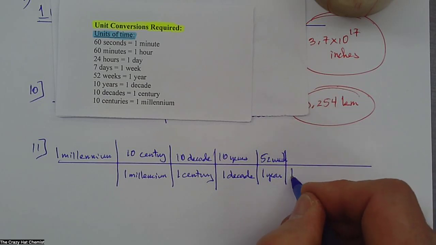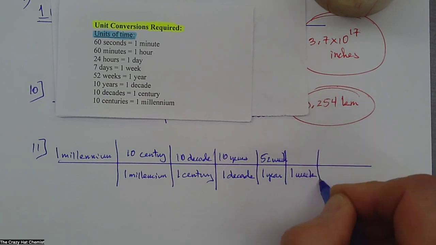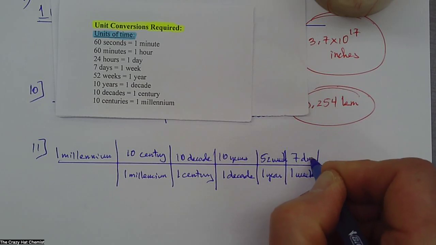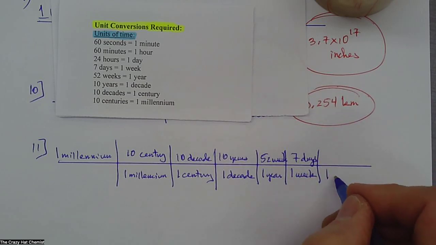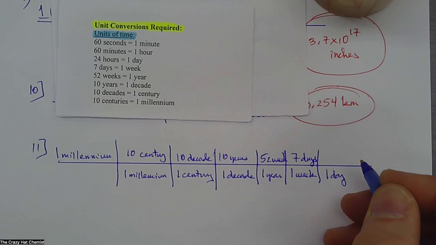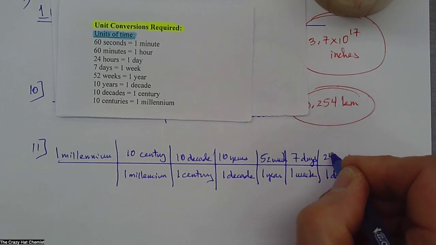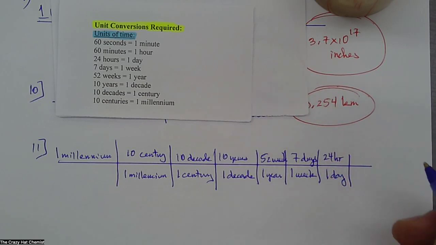And then 1 year is equal to 52 weeks. And then 1 week is equal to 7 days. 1 day is equal to 24 hours.